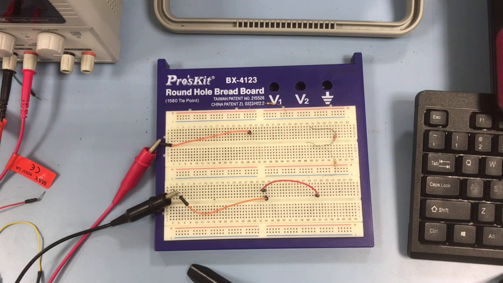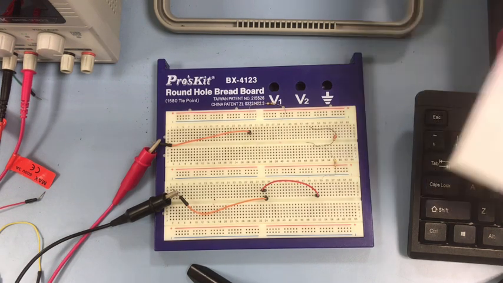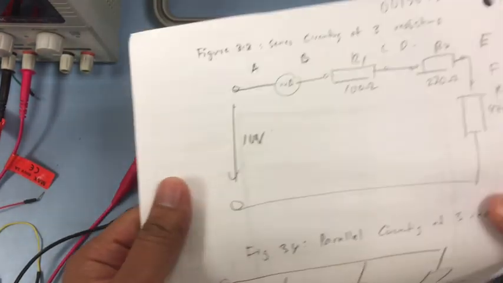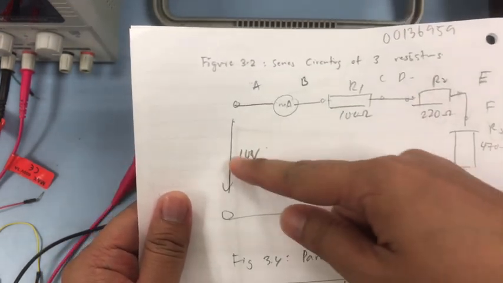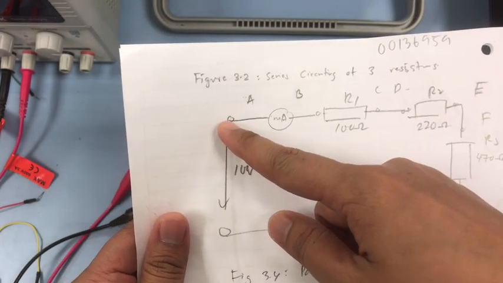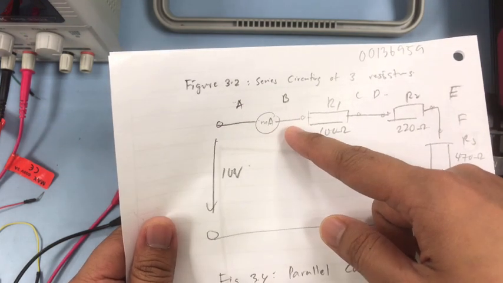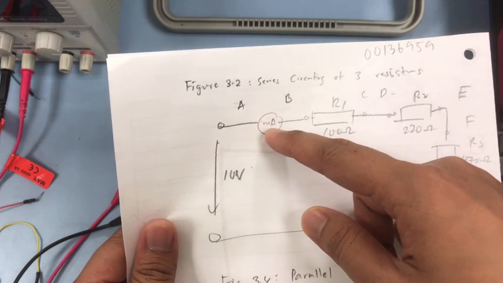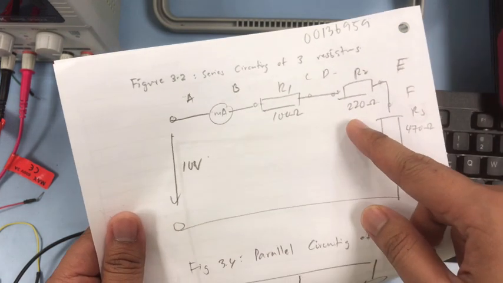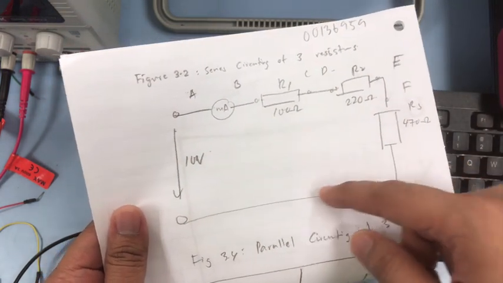Now continue to our actual circuit. The circuit will be like this. From here the power supply, then R1, R2, R3 and then back to the power supply.